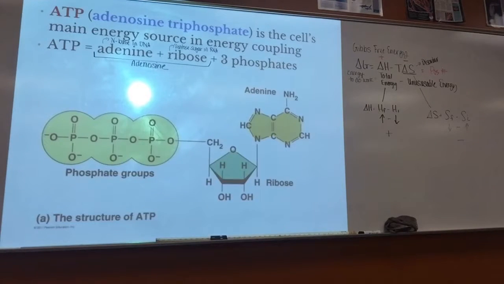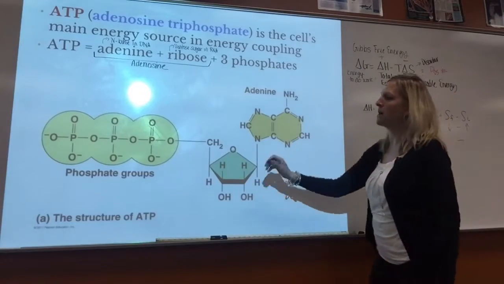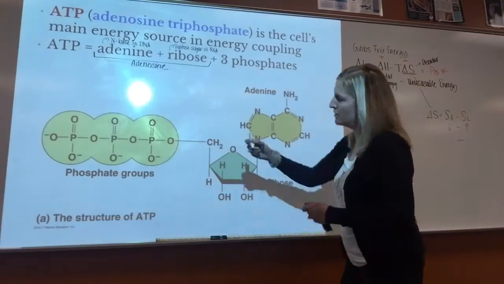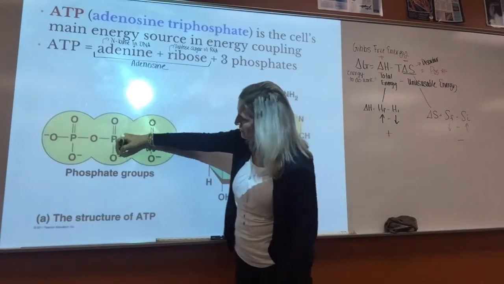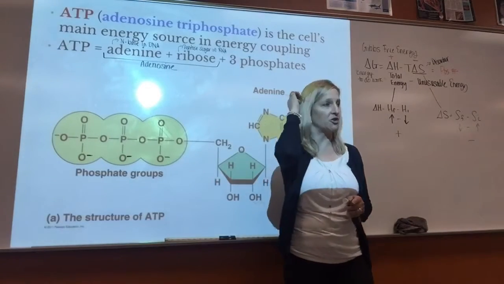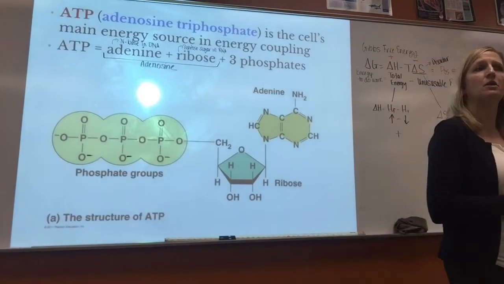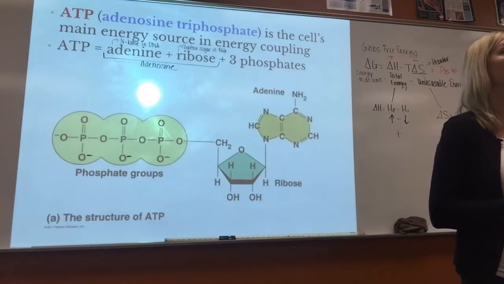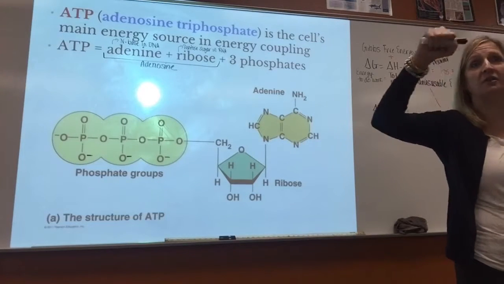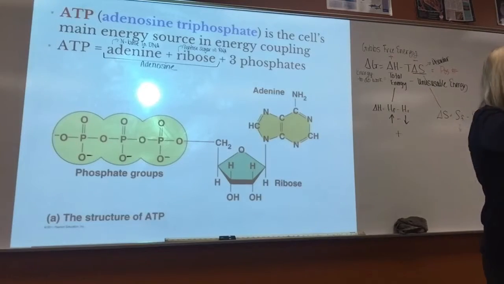All right, so here's your structure. Here's the adenine, here's the ribose, and here are your 3 phosphate groups. I want to point out here that these phosphate groups have a negative charge. What do we know about like charges? Do like charges attract or repel? Repel, right? If you ever try to put 2 negative ends of a magnet together, you have to be super strong to put them together.